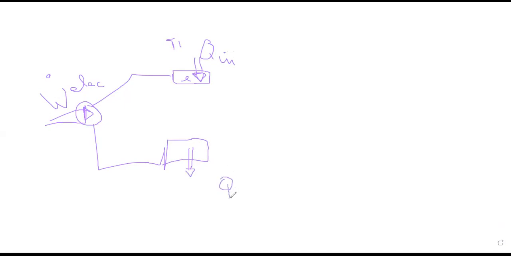Pay attention for something, okay? When I say Q in or Q out here, Q in is towards my fluid, okay? So my fluid will gain this heat, but my environment will lose it. My environment will lose Q in.